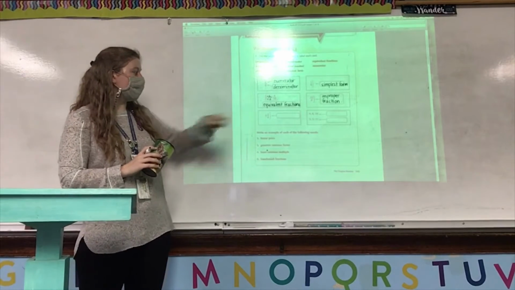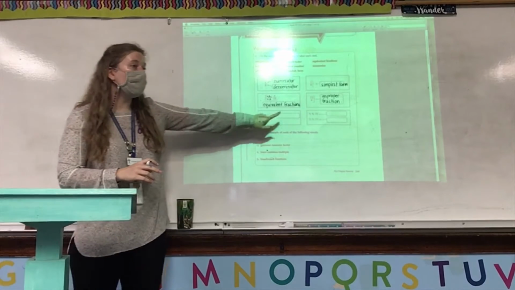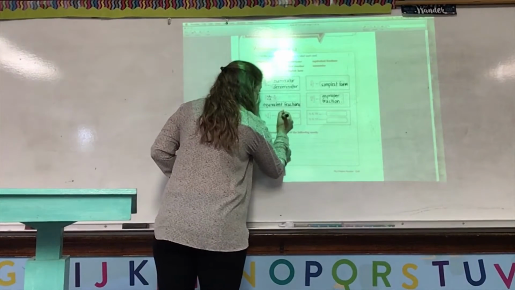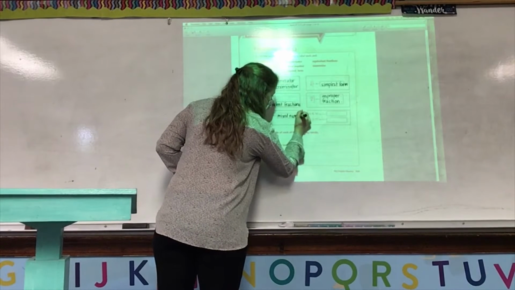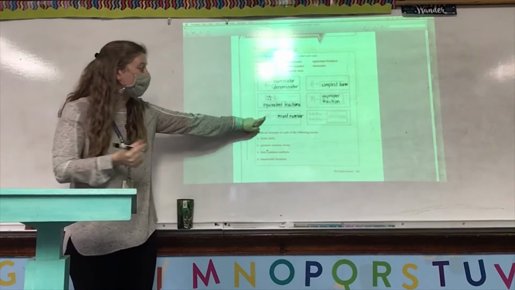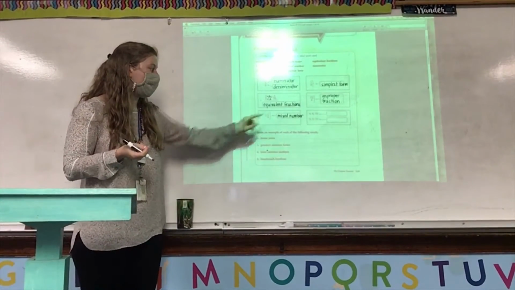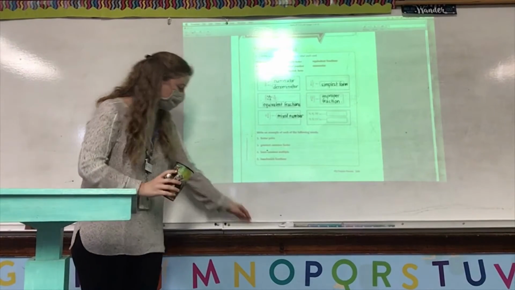Then in the box on the bottom left, we have 5 and 2/6. Zadie, what word goes in that bubble? A mixed number, because remember, a mixed number has a whole number part like 5 and a fraction part like 2/6. So 5 and 2/6 is a mixed number.